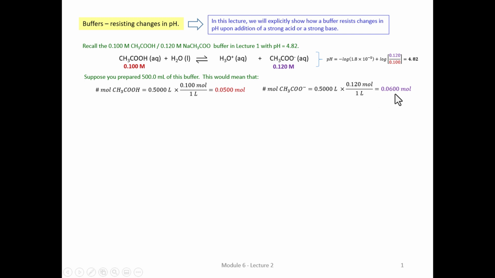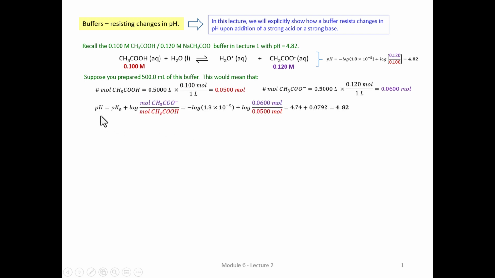Now recall, we said because of the common ion effect, we can assume that when this buffer system reaches equilibrium, the concentrations of the acid form and base form are very close to what they were initially. And so the number of moles of acid form and base form are very close to what they would be initially. So we can start with those.